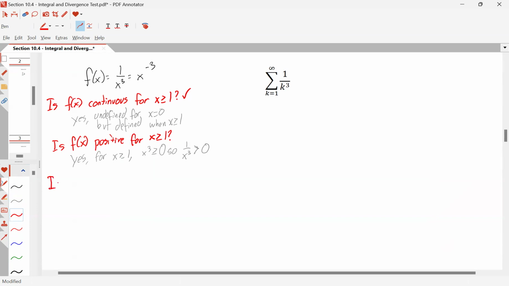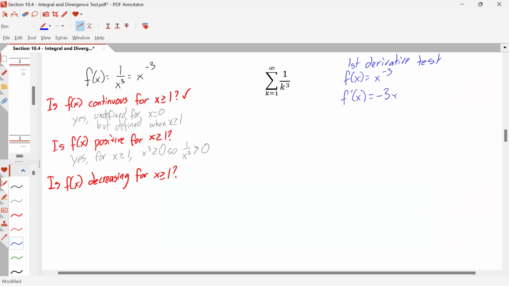And then the last question is, is f of x decreasing? This is the one that takes some time. And we do this with the first derivative test. We have the function that is x to the negative 3. That means its derivative is negative 3x to the negative 2.